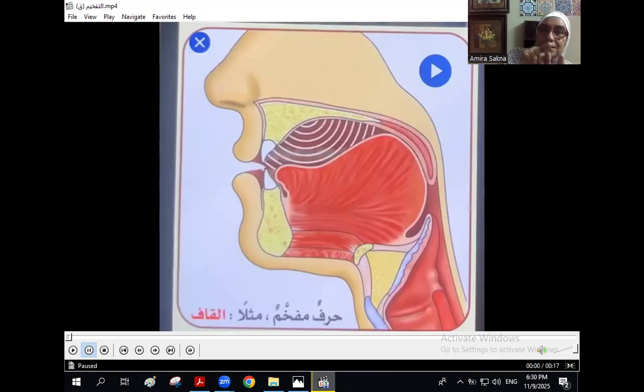The qaf is from the back of the tongue, or the farthermost part of the tongue, with the soft palate. Yes? And kaf from the farthermost part of the tongue, or the back of the tongue, with the area in between hard palate and soft palate.